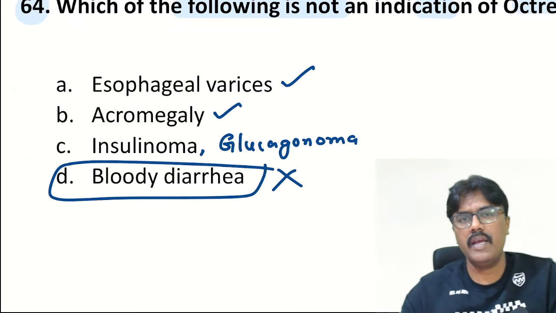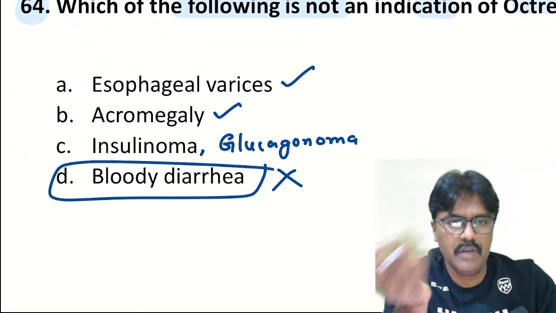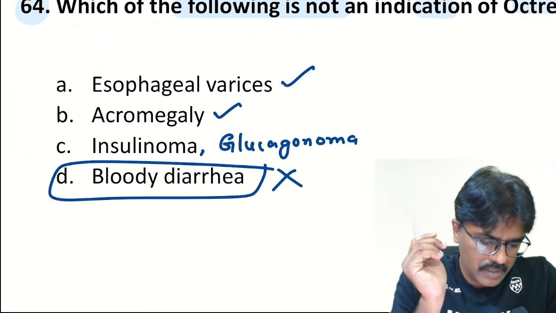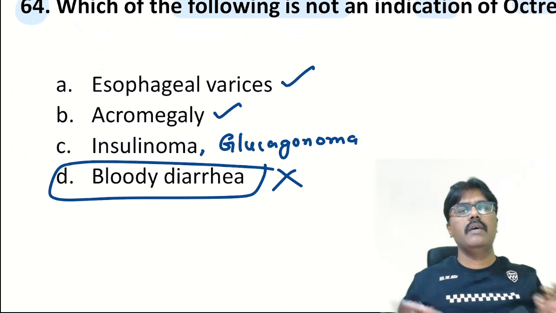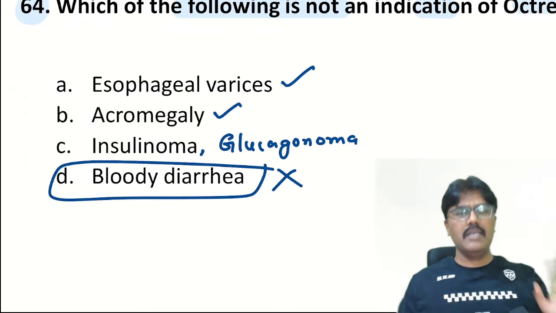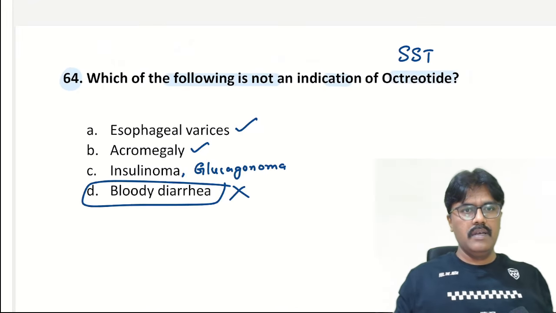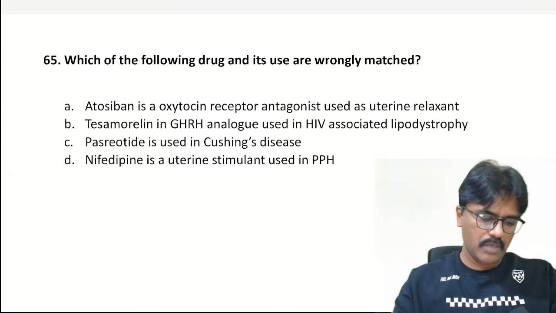It's used for secretory diarrhea, diarrhea due to carcinoid tumor or VIP tumor, not for bloody diarrhea. So the answer is option D. You can use it in esophageal varices, acromegaly, insulinoma, glucagonoma, but not in bloody diarrhea. It's for secretory diarrhea. That's it. That is question number 64. Moving on to question number 65.